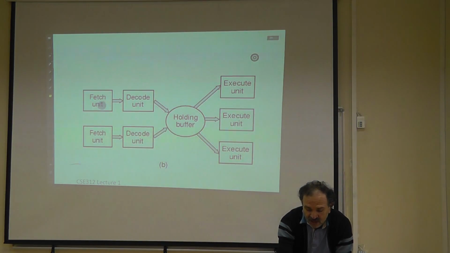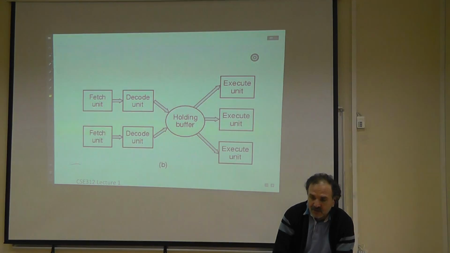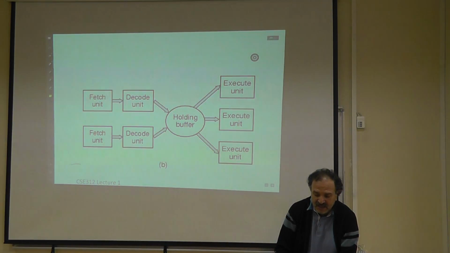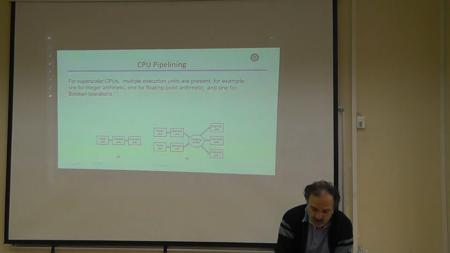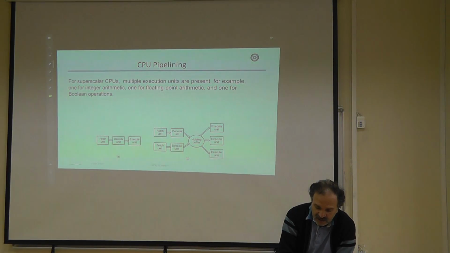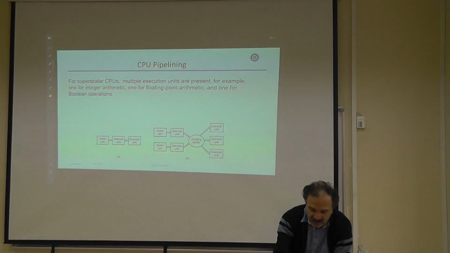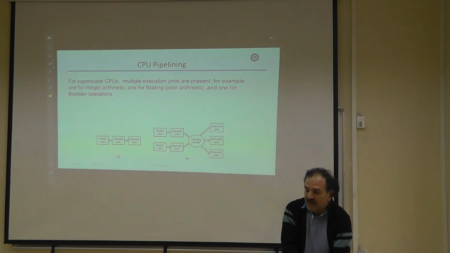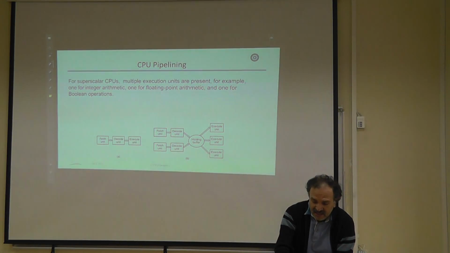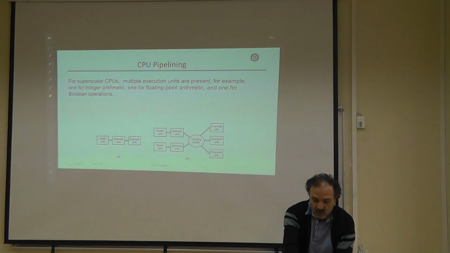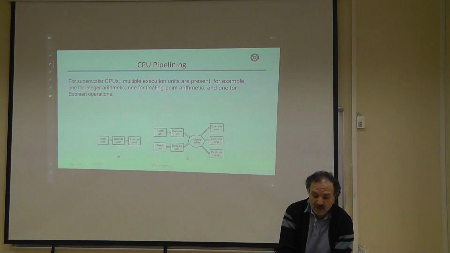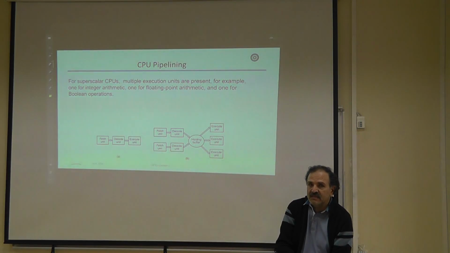So you fetch, you decode, you put them in some kind of memory, and from this memory, these execution units take those instructions and execute them. This is called superscalar architecture. Very advanced. The number of hazards that can happen with this kind of structure is much more complicated. So designing a CPU is not an easy task.